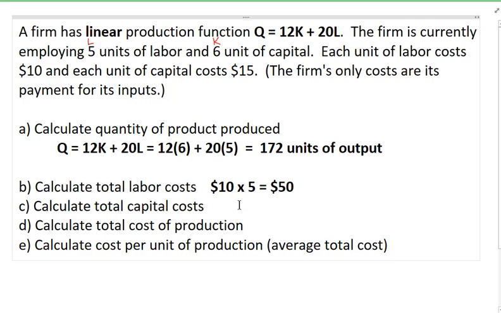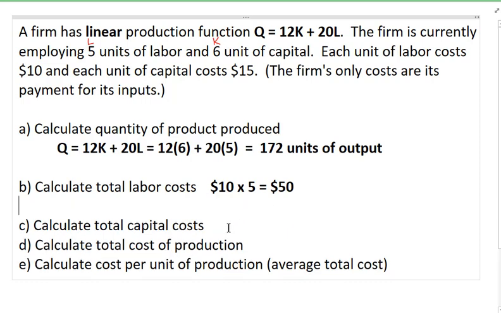All right. We're on to part C. Total capital cost. Well, let's see. 6 units of capital. Each one costs $15. $15 per unit times 6 units equals $90.